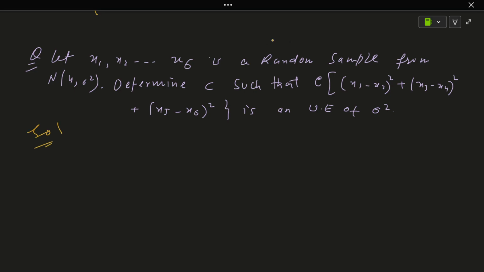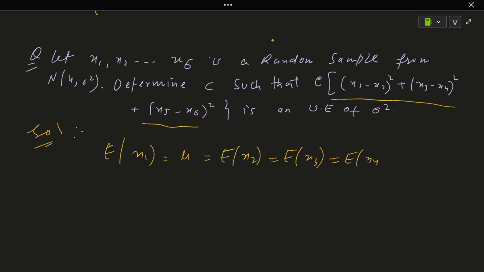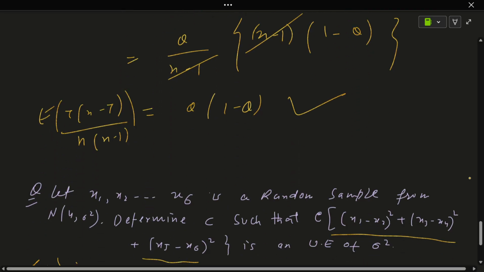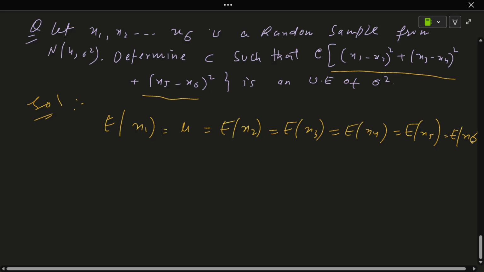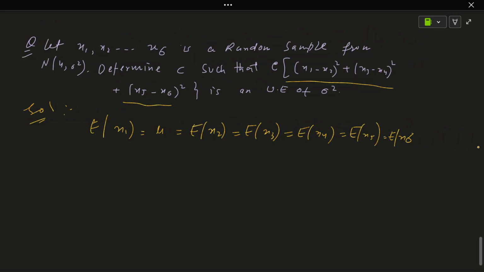So how to solve this type of question? Simply we have to operate the expected value on this. But before that, we have to write what's expected value of x1, that is mu, which is equal to expected value of x2, x3, x4, x5, x6.